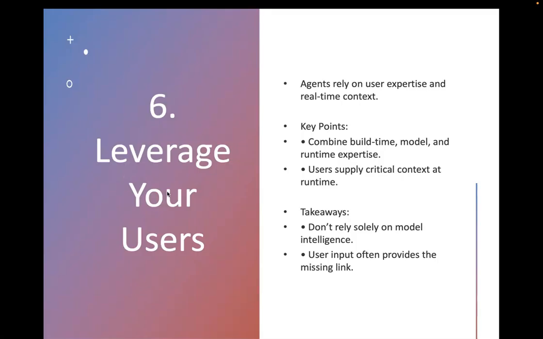That means all your agents rely on user expertise as well as real-time context. Users who are using ChatGPT or anything like that need to understand that it has minimum knowledge, and based on your question, it will try to acquire more things from its knowledge base and then put that together. So it depends on your expertise.